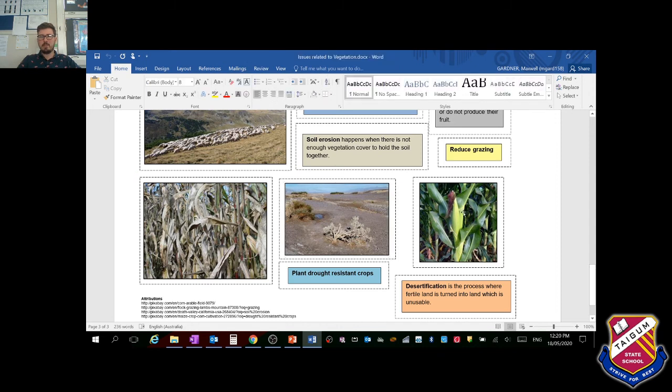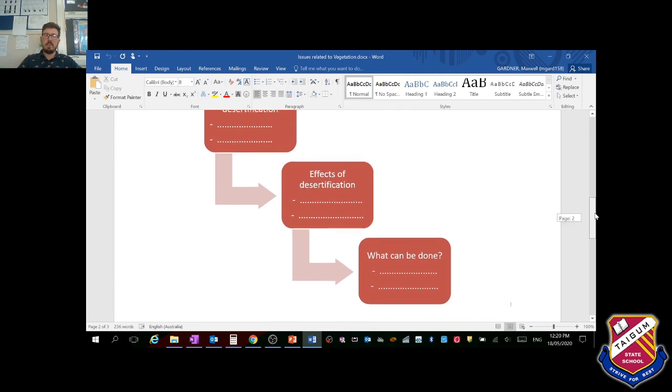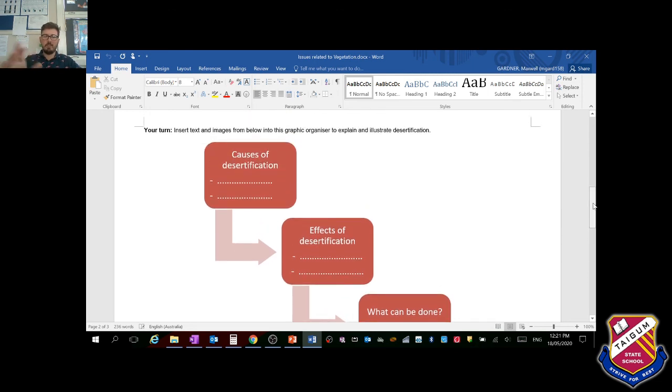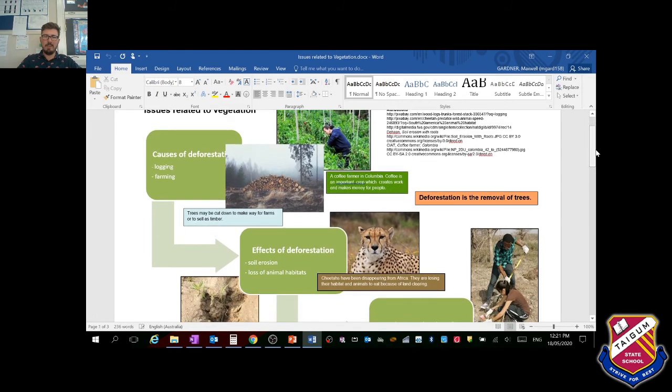Next one is plant drought-resistant crops and reduce grazing, which I'm going to go with that one. That can go there in what can be done. So those are the answers. Once you've sort of got them in a place that you're happy with, you can glue those on, all right? And then you'll have this nice little flow chart that looks somewhat similar to this, okay?